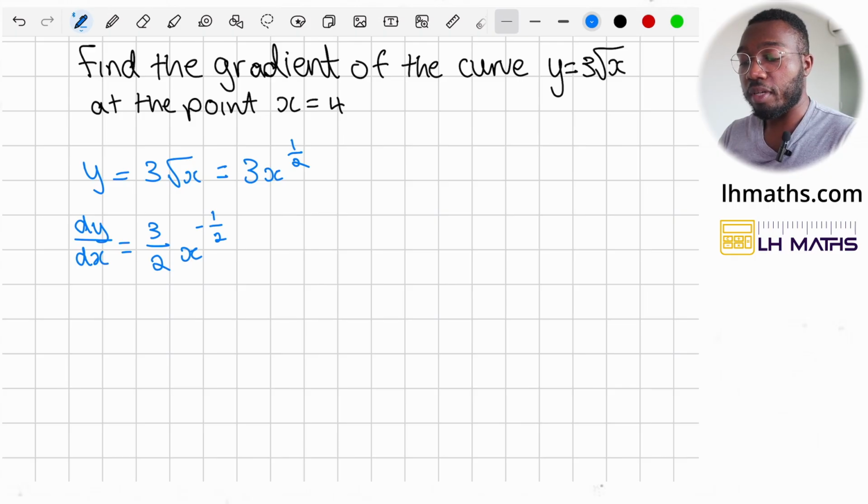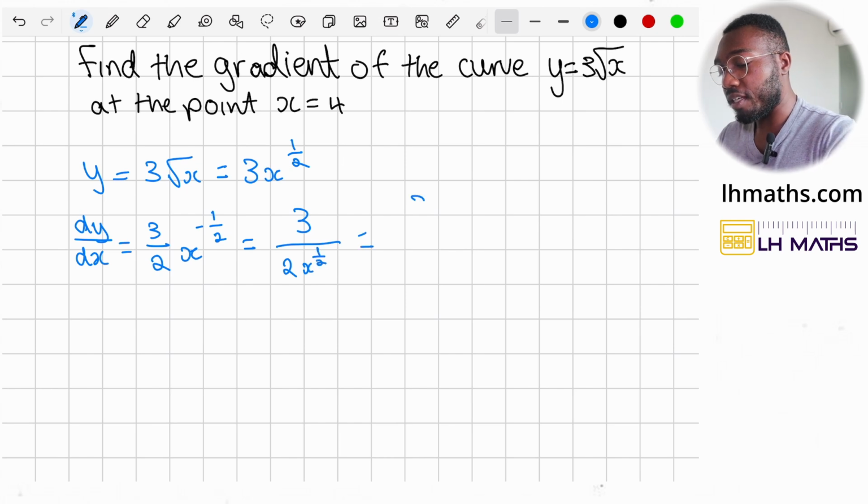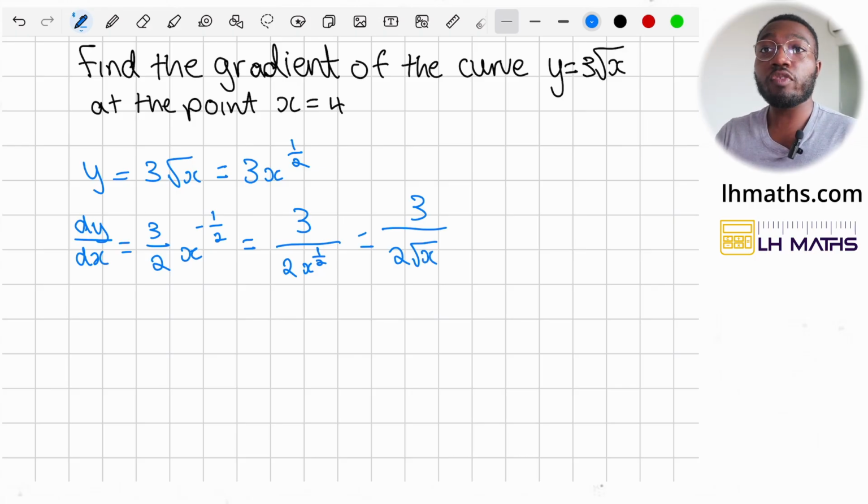And now we need to substitute in x. Now in this instance, because I'm going to substitute in a value, I think it's always clearer to put it back into its original form. So I'm going to rewrite this as 3 over 2 x to the minus a half, and then I'm going to rewrite it as 3 over 2 root x. The reason for that is because we have to substitute in a number.